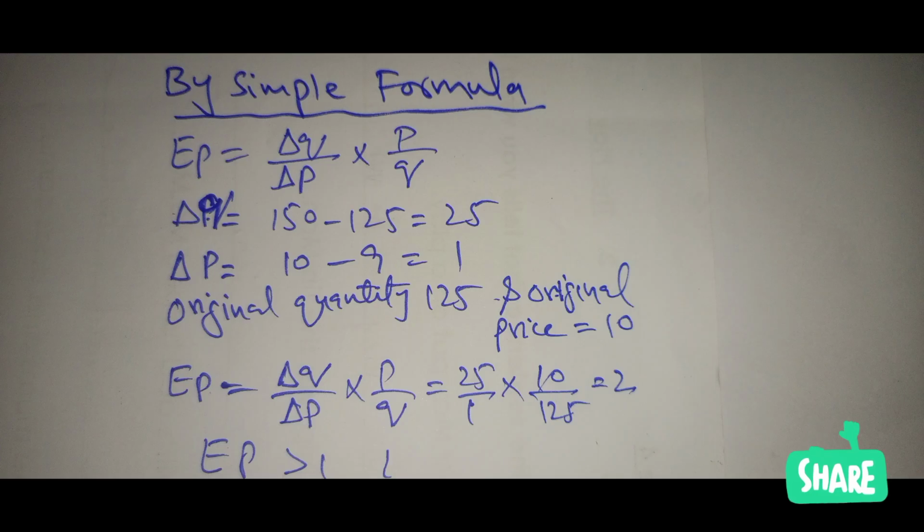Delta Q shows the change in quantity demanded and delta P a change in price.